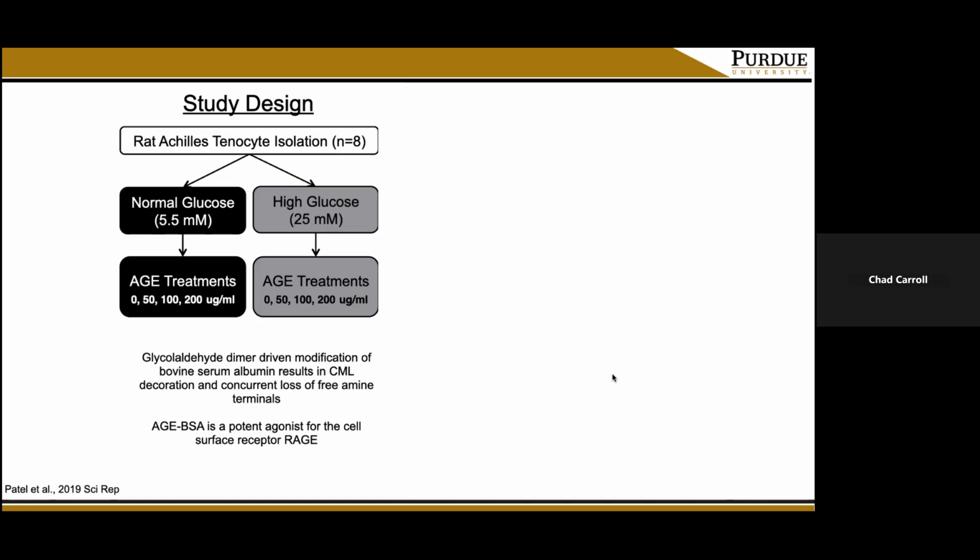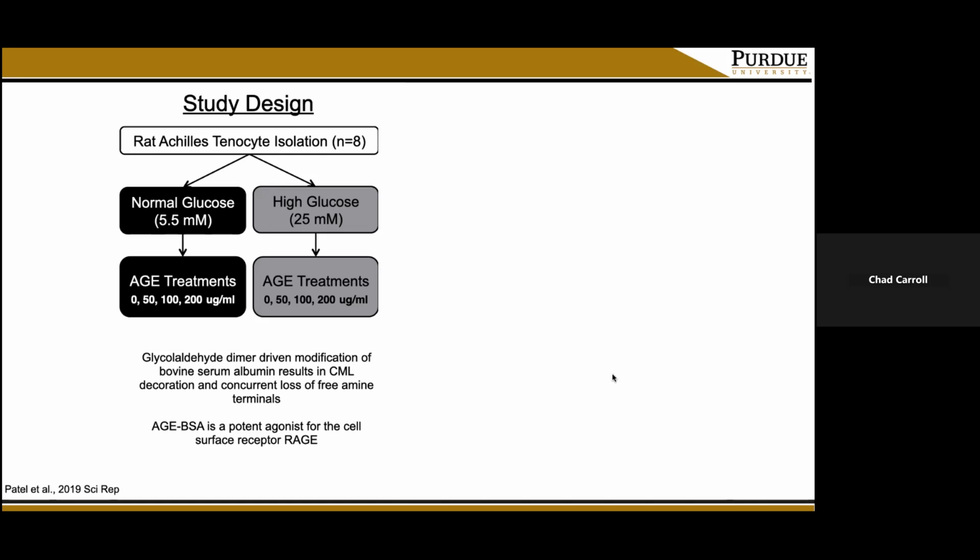He designed this experiment, and he wanted to show that these AGEs do indeed do something to tendon cells. So he set up an experiment where he isolated rat tenocytes from the Achilles tendon, and he treated them in 2 different glucose conditions, a classic low or normal and high glucose experiment.